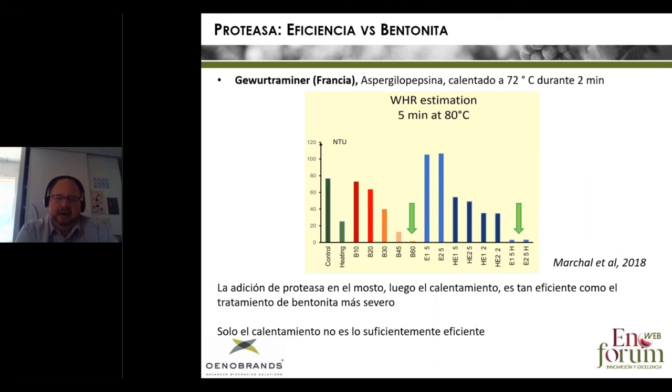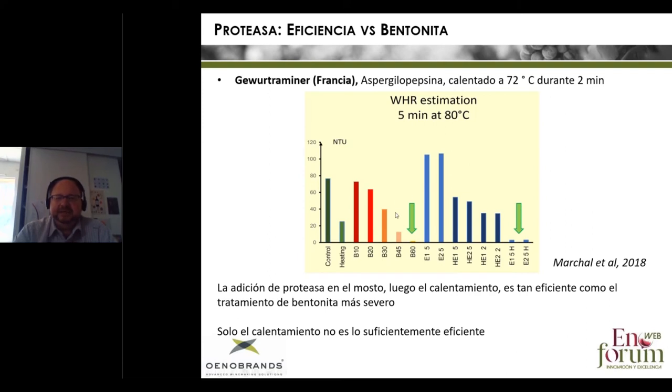More recently, application of aspergillopepsin on Gewürztraminer, which has very unstable proteins, gave very good results, with an efficiency comparable to the addition of bentonite.